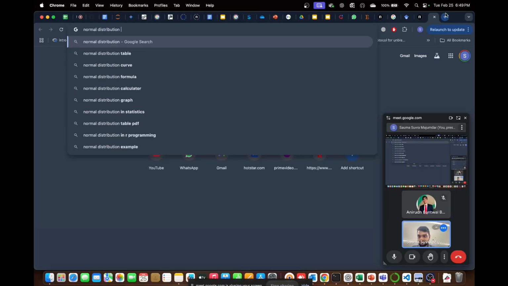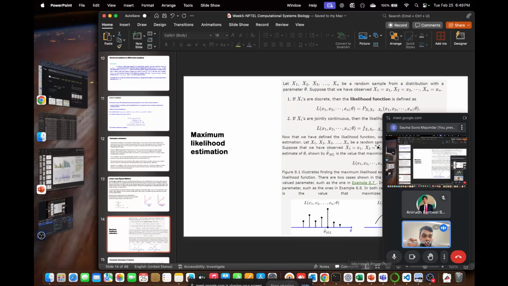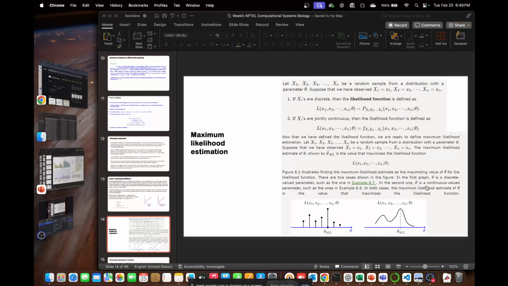If you're assuming that this is coming from a chi-square distribution, it'll have a separate equation. So whatever distribution you assume you're sampling from becomes very important when you're estimating the parameter, because that equation is what you're actually optimizing.